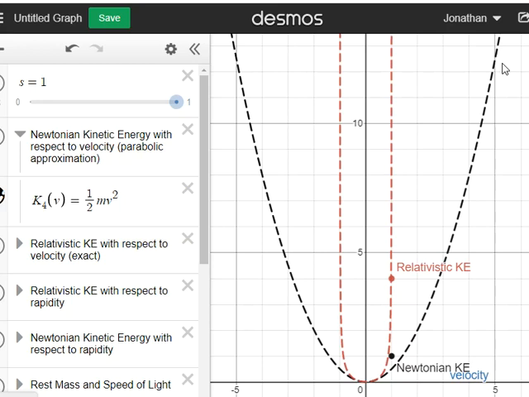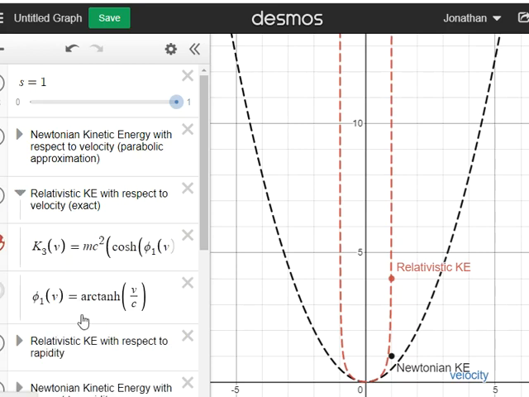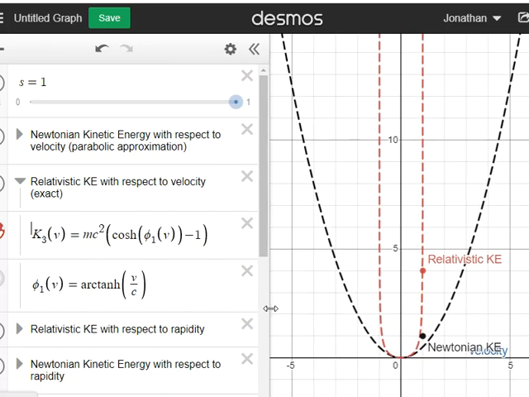You can't actually get that velocity, because you can't get a velocity past the speed of light. On the other hand, the relativistic kinetic energy has an asymptote here at the speed of light. Let's look at that one. Relativistic kinetic energy with respect to velocity is basically mc squared times cosh phi minus 1, and phi is arctanh of v over c.